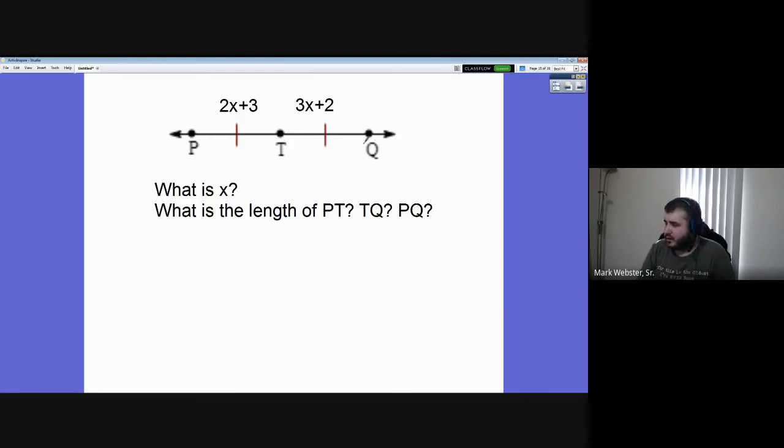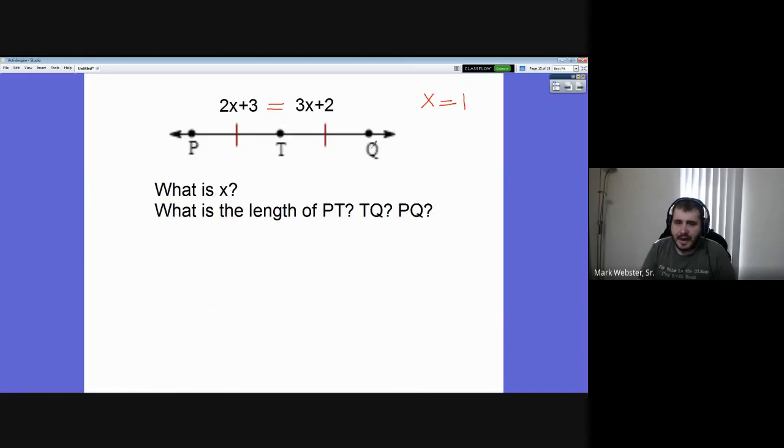What are they to each other? Congruent. Very good. So since they're congruent, they're going to be the same, right? And when two things are the same, you can set them equal to each other. These two segments have equal lengths. So 2x plus 3 is going to be equal to 3x plus 2. That means you can solve, right? And you're going to get x equals 1 when you're all done with that.